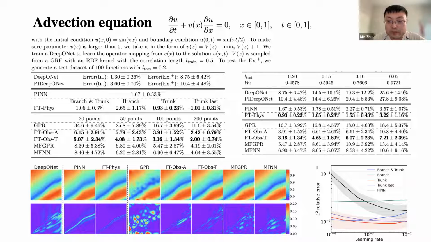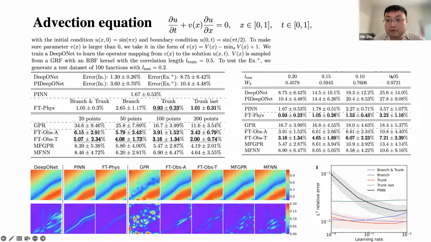Moreover, we consider different extrapolation levels by using different correlation lengths for testing. In the right table, the test data sets of 100 functions are generated from GRF with L test equal to 0.2, 0.15, 0.1, and 0.05.